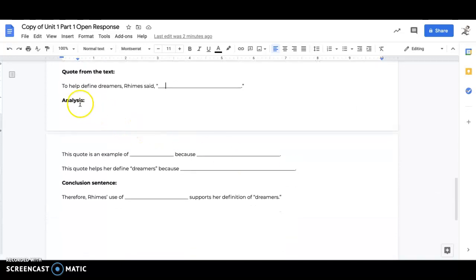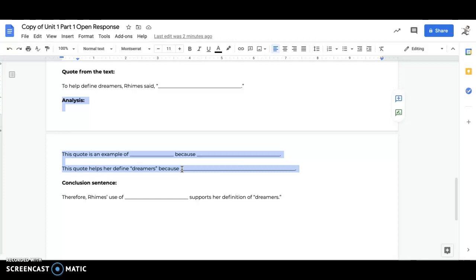The next step is where you really have to put things in your own words. This is where you are analyzing how the quote is an example of the definition strategy. So it's an example of function because, and then tell me how it works. And then the second part is to tell me how that particular definition strategy that she used, the quote, helps her define dreamers.